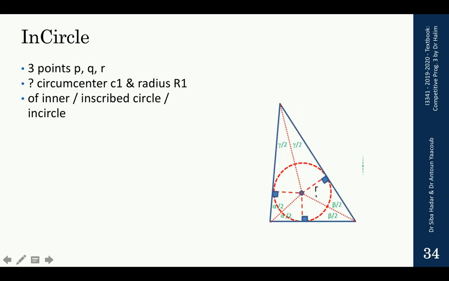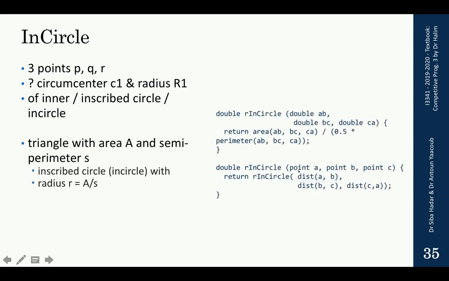In circle function, given a triangle, sometimes you are asked to return the center and the radius of the incircle that is inside this triangle, and you have the formula and you can apply it to get the incircle, which is the inscribed circle function.